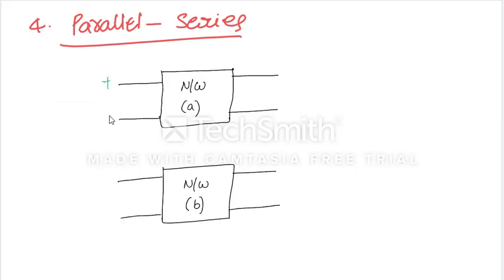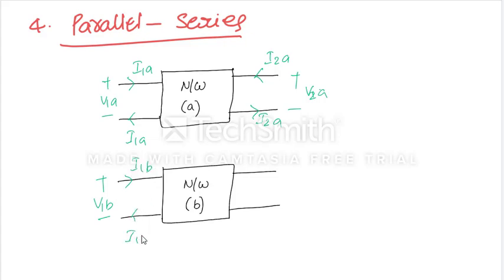As usual, this is V1A, and this is I1A, this is I1, I2A, V2A, this is I2A, this is also I2A only, and this is V1B, I1B, I1B, this is V2B here, this is I2B, this is also I2B.